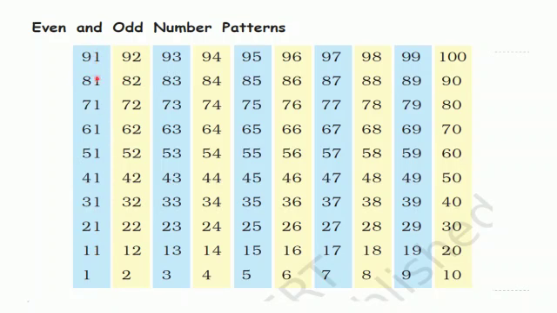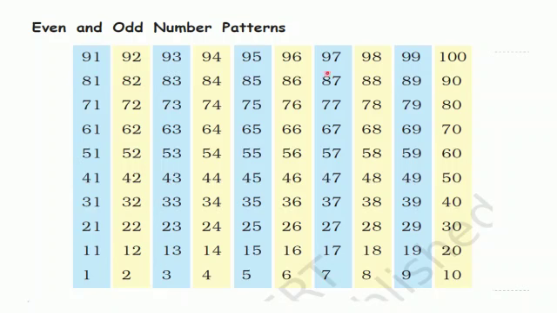The last digit everywhere is 1. Here the last digit is 2. Here 3. Here 4, here 5, then 6, then 7, then 8, then 9, and then 0. The last digit here is 0.